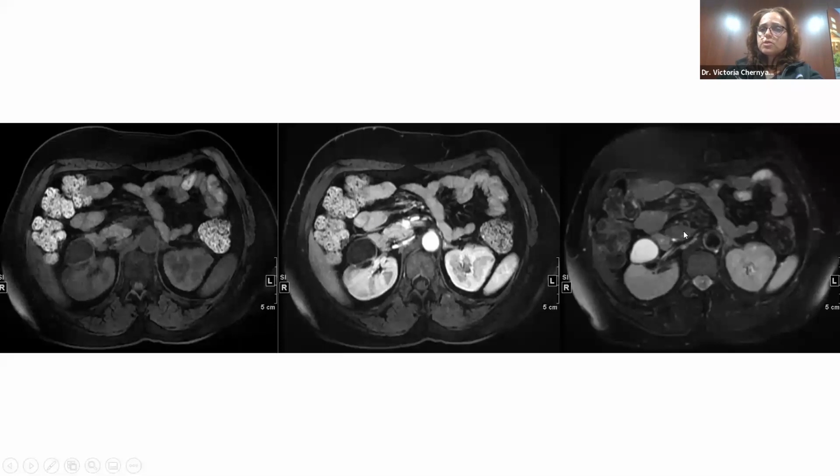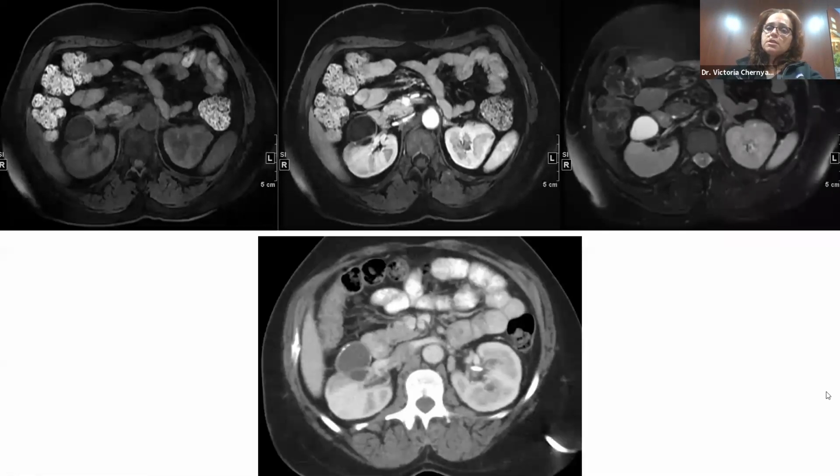If we just read the MRI, we would say it looks like a simple cyst. On CT in the same patient, you can see that the wall contains quite a bit of calcification, which is completely invisible on MRI. So that is one of the drawbacks of MRI as compared to CT.